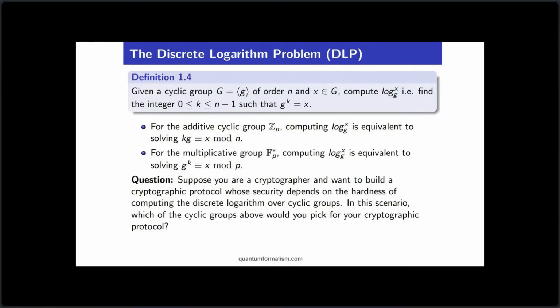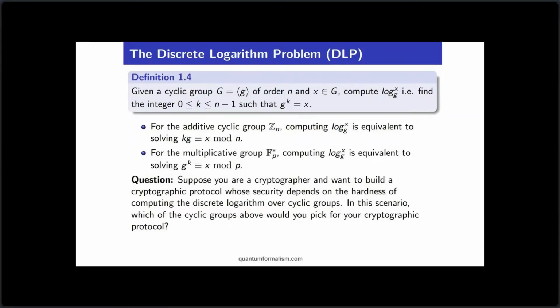Because any finite cyclic group of order n is isomorphic to some Zn, right?